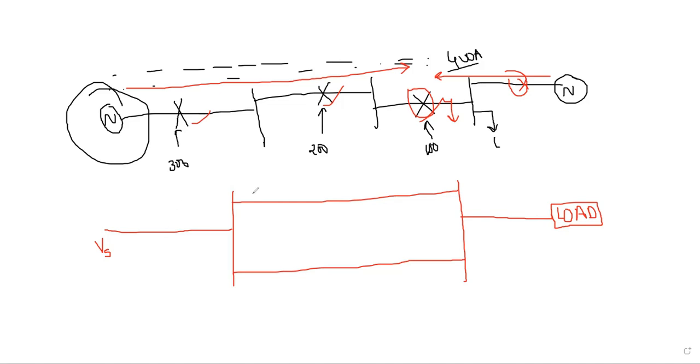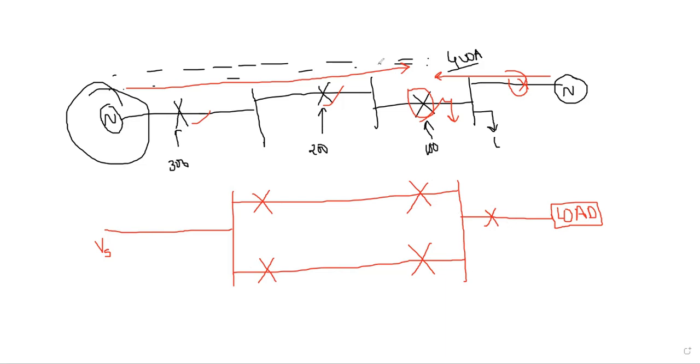Now, I have 4 breakers, and this is the breaker here. This simply resembles our 220 kV line, team. In our 220 kV, 2 lines go and connect to the grid, the same application.